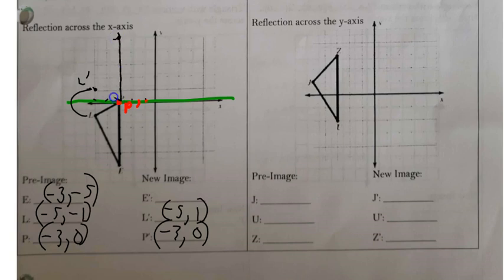And here is my image folded across that axis. This is E prime. And so what point is that? That's at negative 3, positive 5. Whoops, that looks like an at symbol.